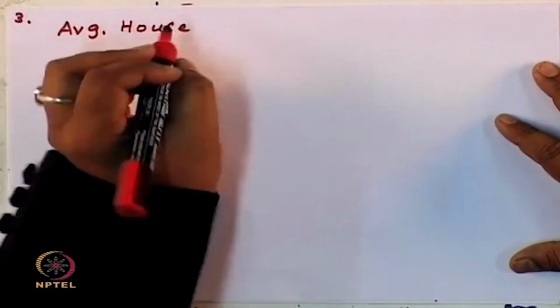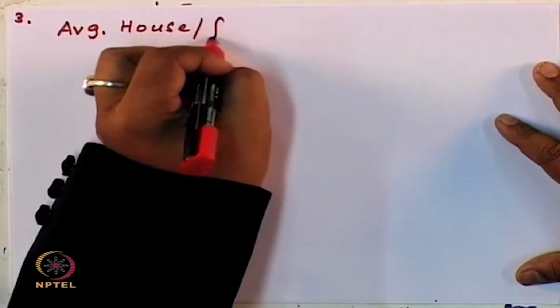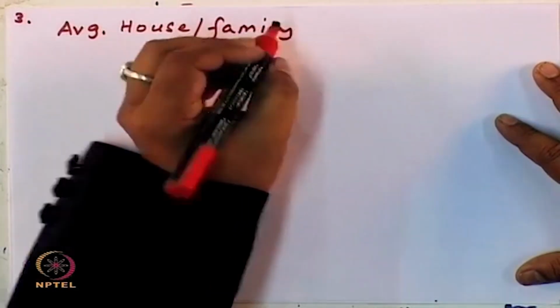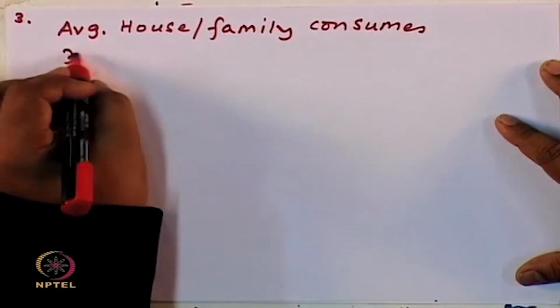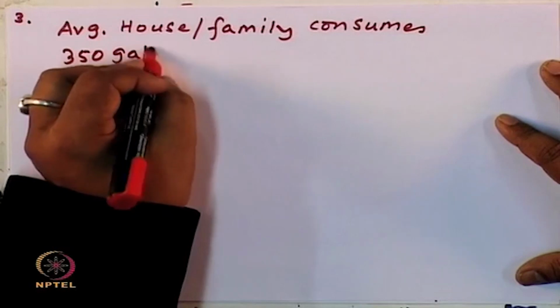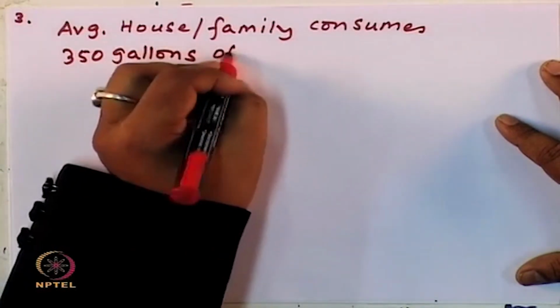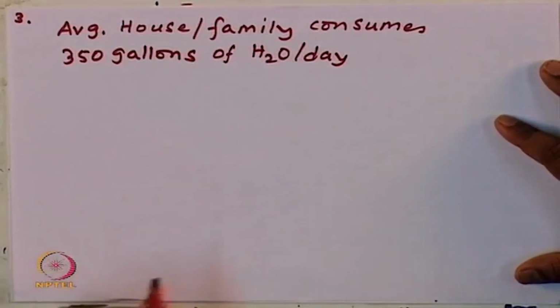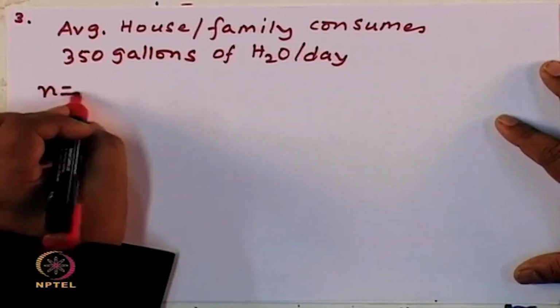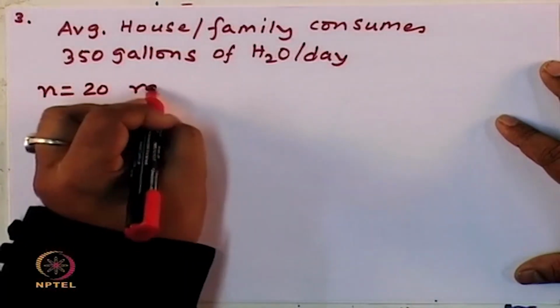Imagine it is estimated that the average house or family consumes 350 gallons of water per day. You have taken a small sample of 20 randomly selected families.